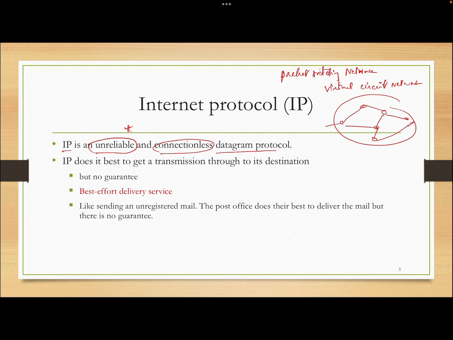Suppose you want to send from A to B. You have to set up a connection first, and every packet will follow the same route. This is connection oriented.